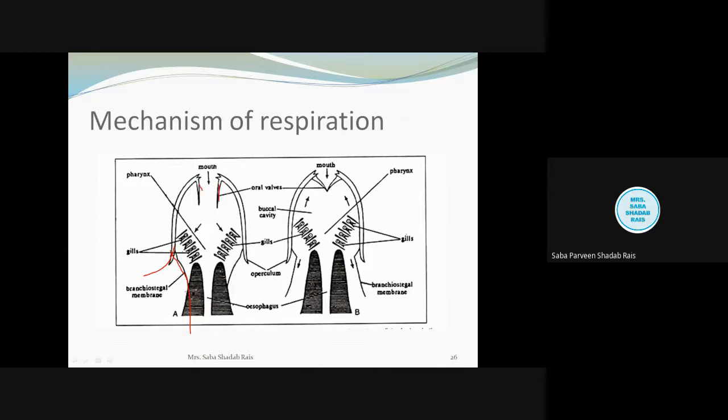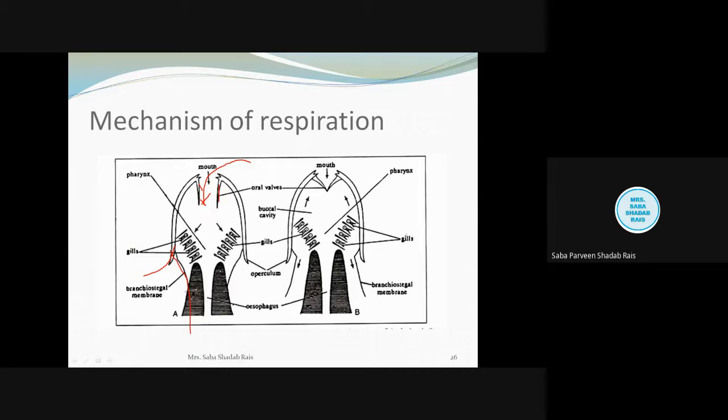Now here it is going to create a suction-like situation, and from here the water will enter inside from the mouth. Okay, so we need to remember there is only one opening, that is the mouth, and this oral valve plays a very important role. This oral valve does not let the water move out. Why?